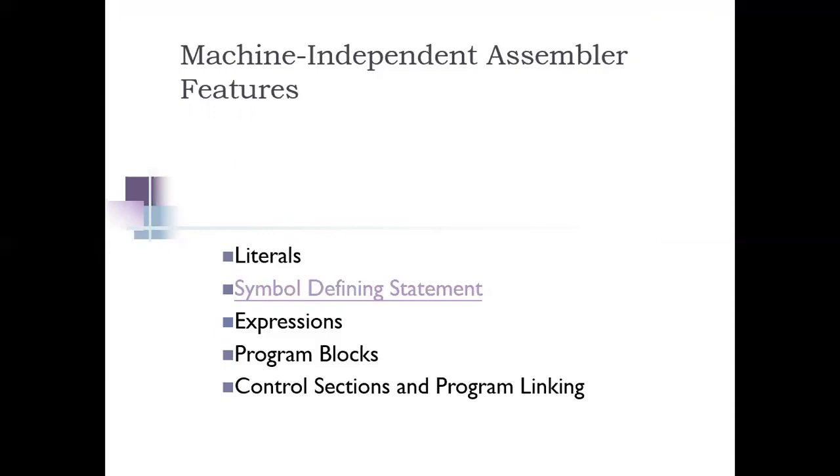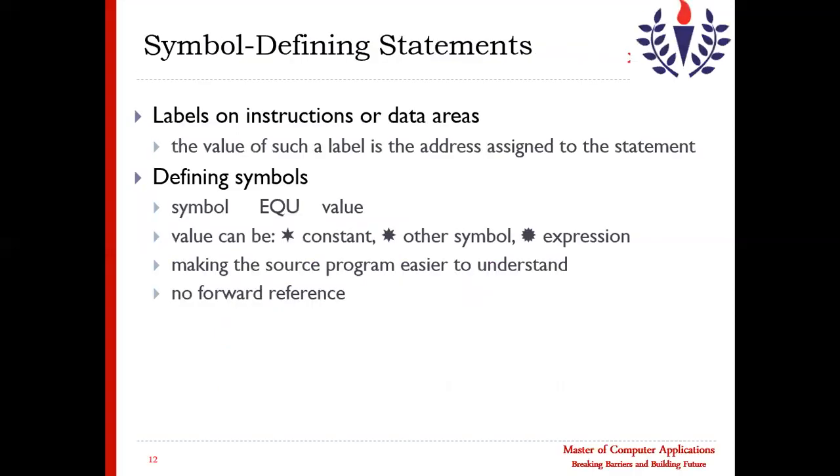Now, the symbol defining statement. We can define a symbol by using EQU, which is an assembler directive. If I want to define any symbol, I can define it using the EQU statement.